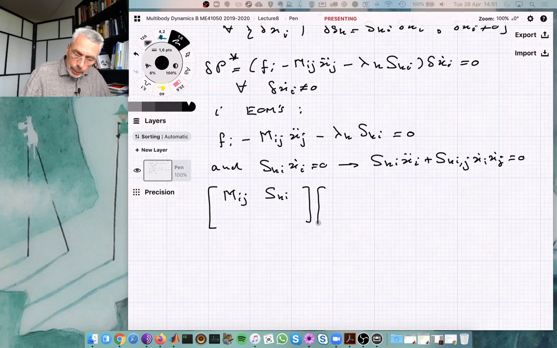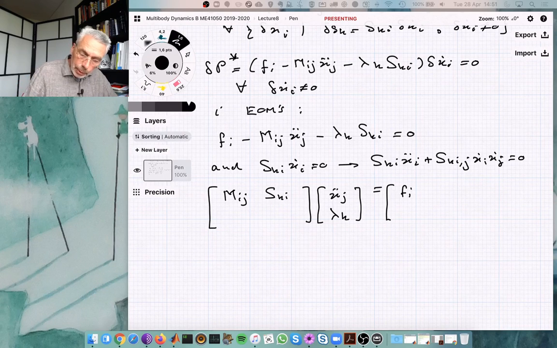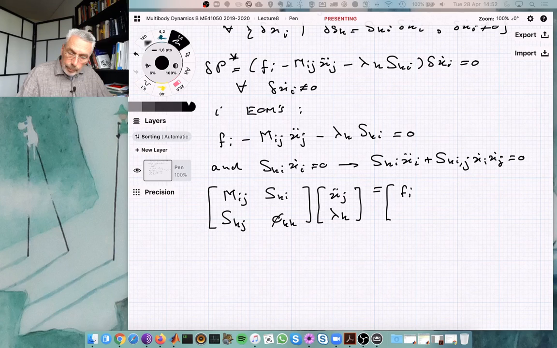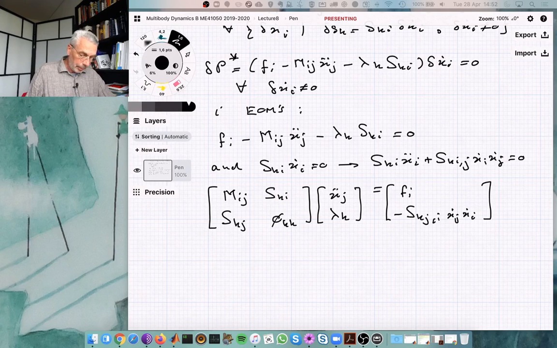Okay, so then times x double dot_j and lambda_k equals, so that's the first equation, and then on the right hand side I have my applied forces at the center of mass, and then I put my constraints on the acceleration, so S_kj, and here we have a lot of zeros, as many as k times k, and then minus S_kj,i x dot_j x dot_i, and the order doesn't matter here so much.